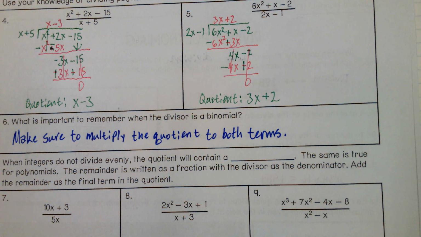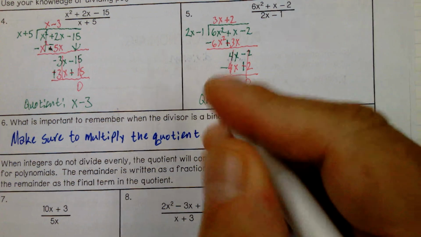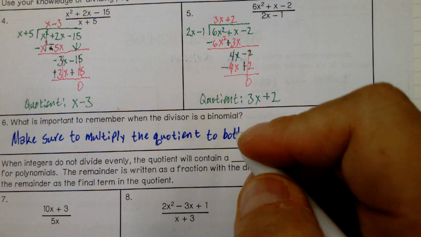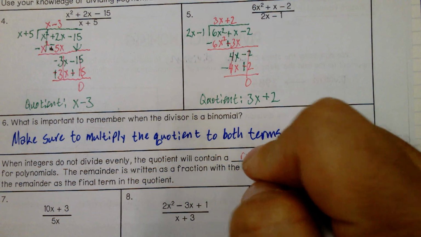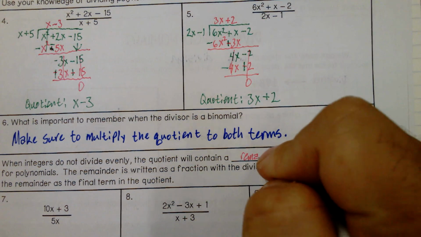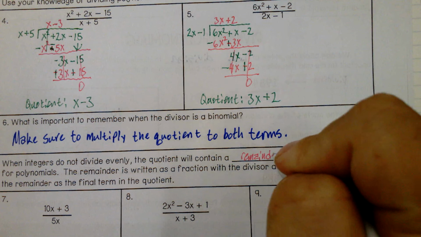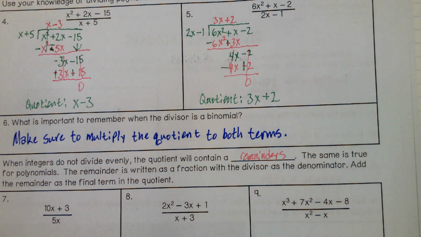So here it says when the integers do not divide evenly, the quotient will contain, well, we could do it as a decimal, but at first we did them as remainders. Quite often we would say, okay, the remainder, and then we would take the divisor, and that's actually what we're going to do here.